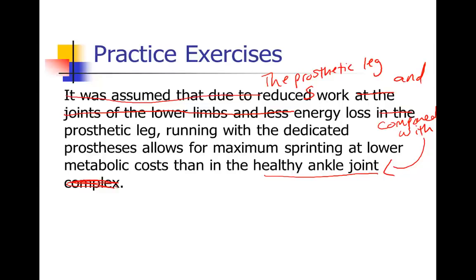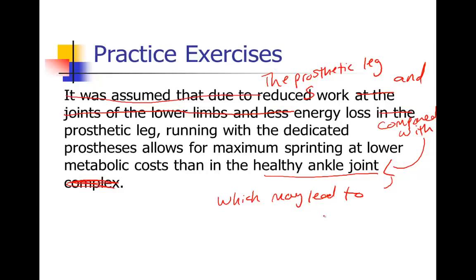And then because that's what we found, out of that we're making some conclusion. That's what they're calling their assumption. We're making a conclusion. We're guessing that if that's true, that may lead to something. And what it might lead to is, it may be the case that there are lower metabolic costs during maximal sprinting.